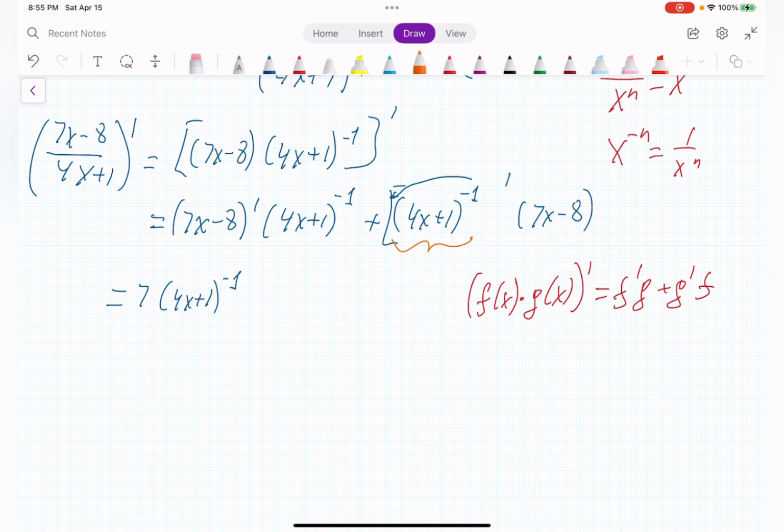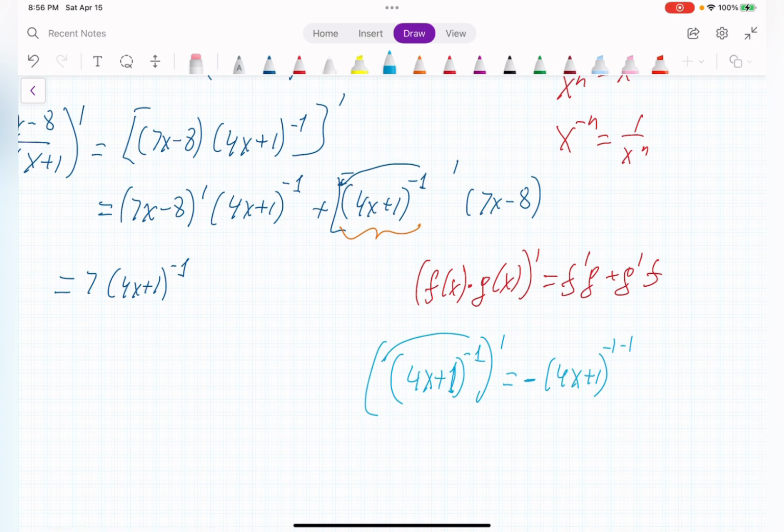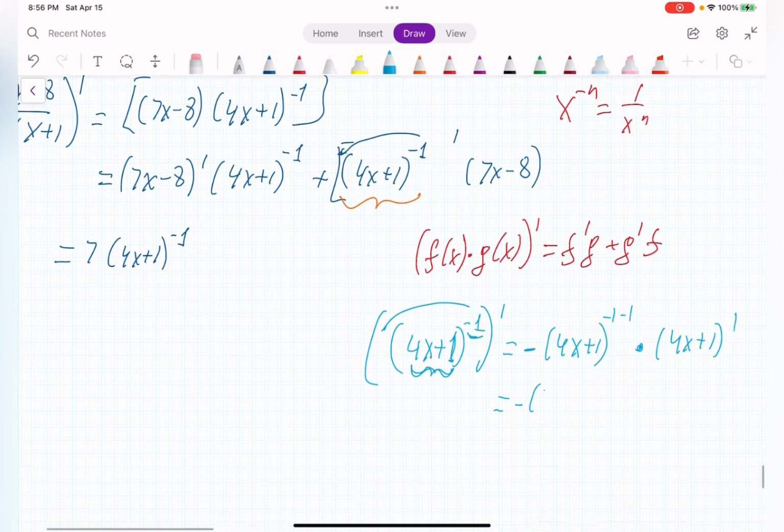Let me do some drafting here. 4x plus 1 to the power negative 1, prime: negative 1 comes in front, so it's negative 4x plus 1 to the power negative 2, and then times the derivative of the inside, 4x plus 1, which is 4.